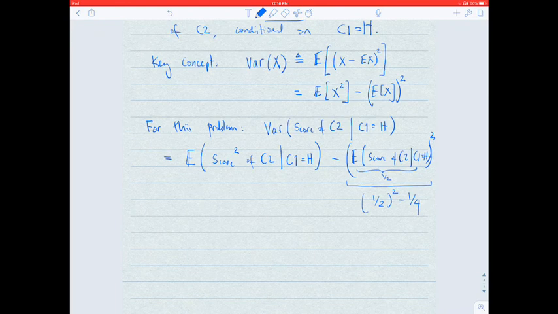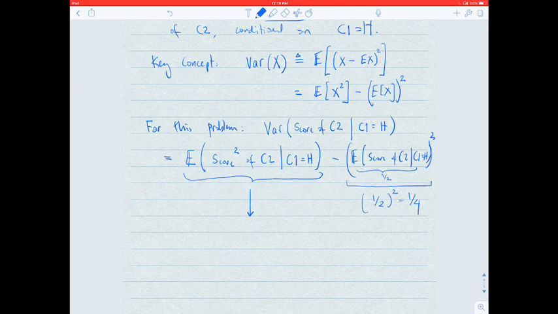Okay, so we still need to compute this over here. Expected value of the score squared of C2 given C1 equals H. Well, let's think back to how expected value works, it's the value times the probability of that event, all of those summed up. Now the score is just 0 or 1, so actually the square is not making our life any harder.